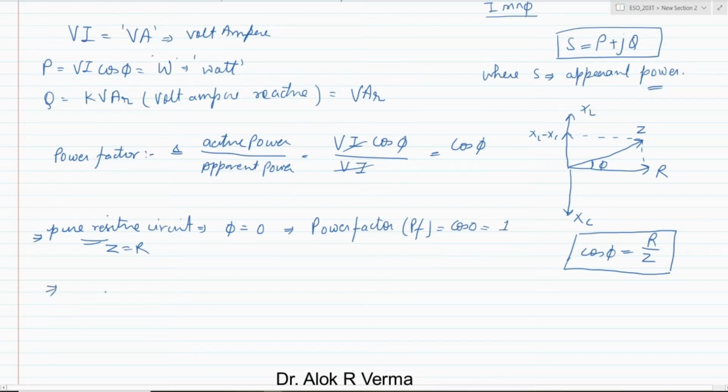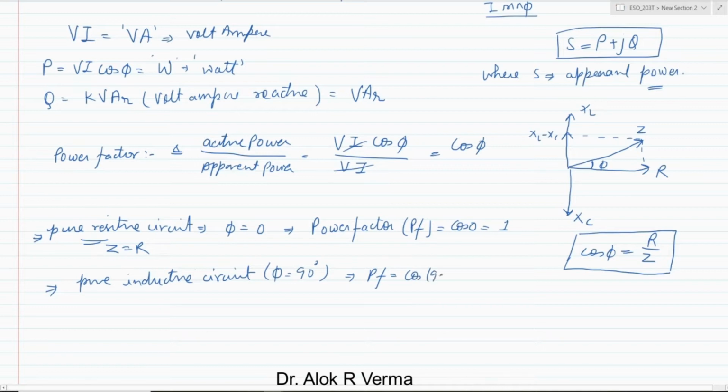Now second, pure inductor circuit. Sorry, pure inductor circuit, what will we see? Phi is basically 90 degrees. Okay. So which implies power factor how much?